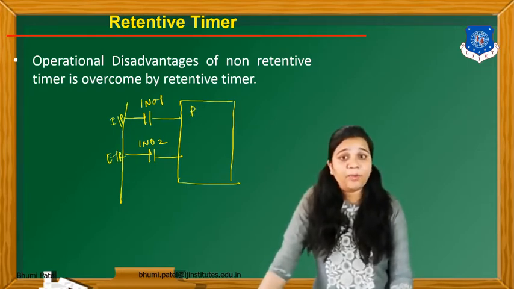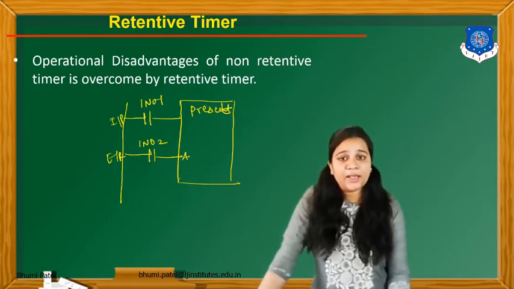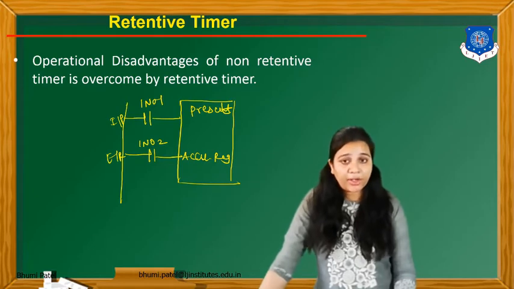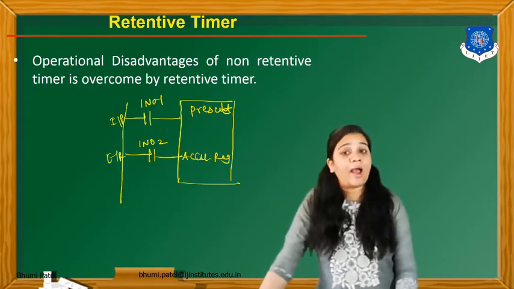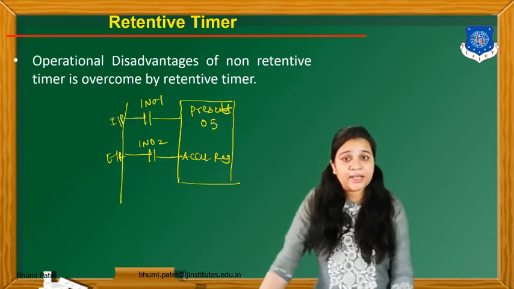In the block format, we write the preset value, and this is my accumulator register. If we want to start any product or instrument after 5 seconds, we write the value of the timer in the preset and store this value in some register.